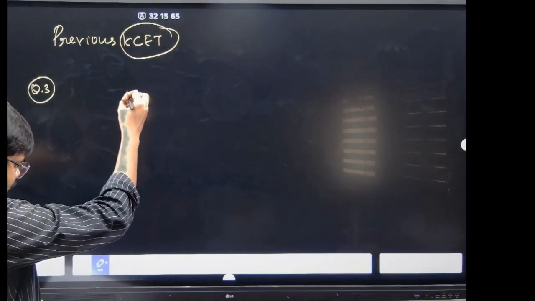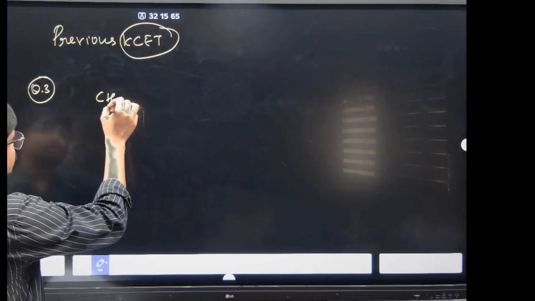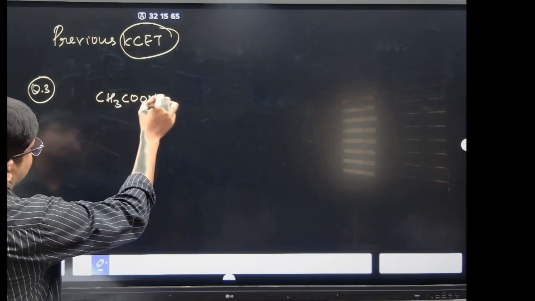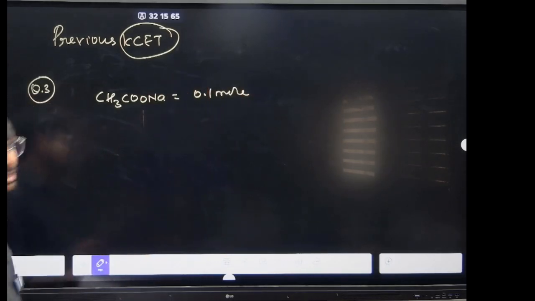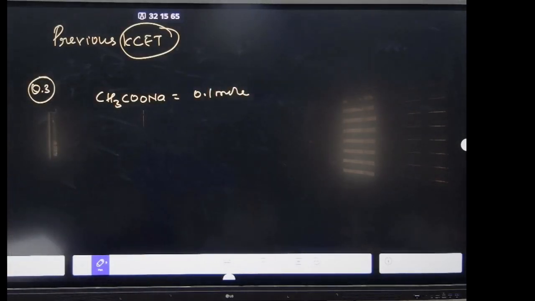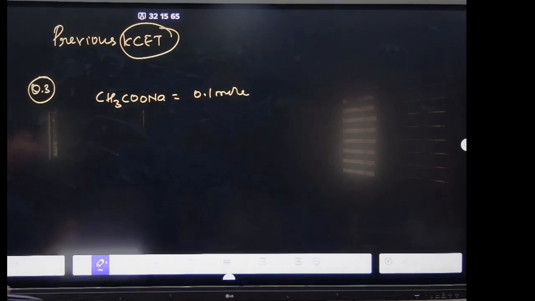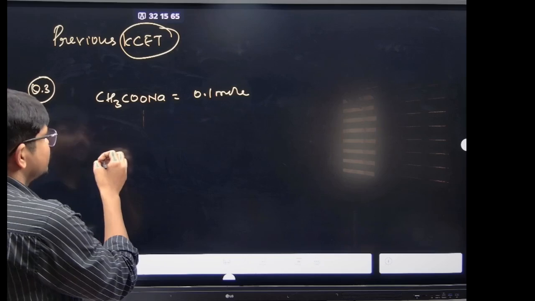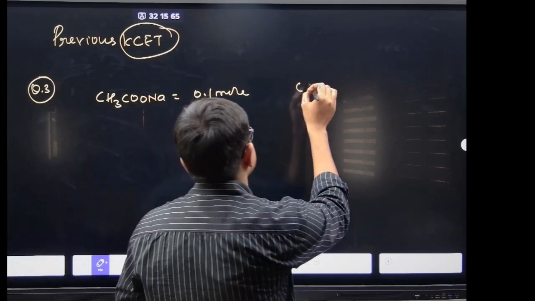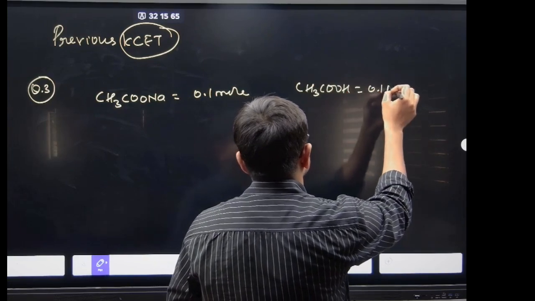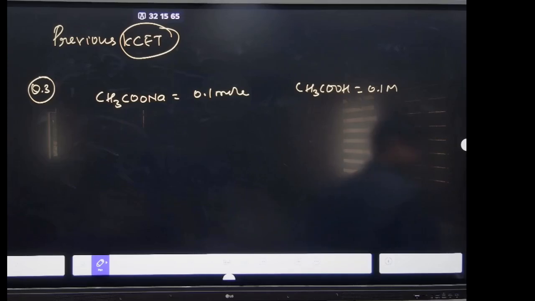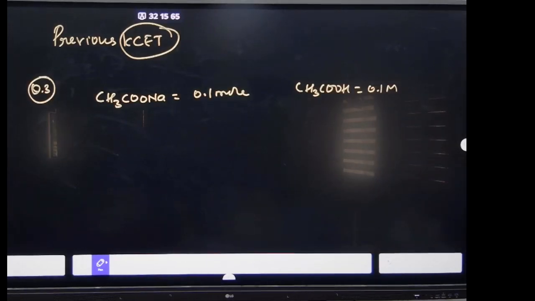So see here, sodium acetate is how much? 0.1 divided by 0.1 mole, right? Clear? What is the concentration of acetic acid? 0.1 molar. Fine. Got it? Now what will happen?